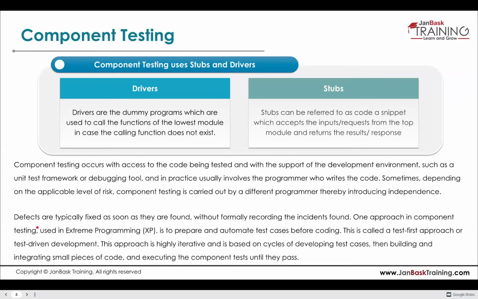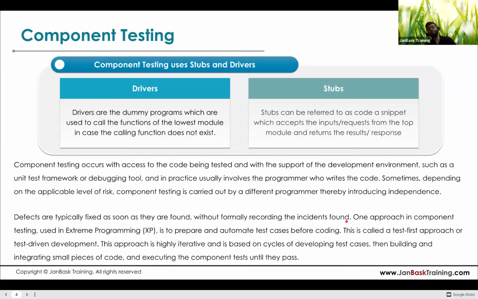So defects are typically fixed as soon as they are found, as it is done in the development phase itself. If some defects come out after the component testing, those are fixed as soon as they are found, without formally recording the incident.